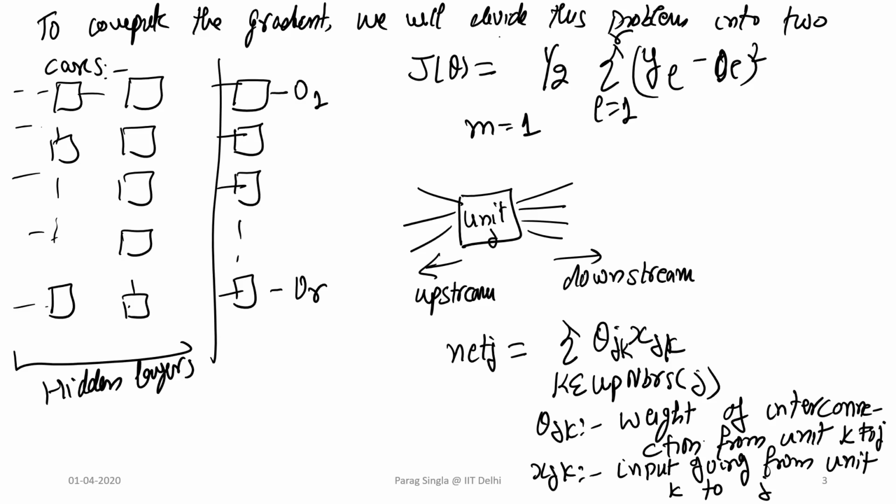So theta jk is the weight of the interconnection from unit k to j, and k is an up neighbor of j.